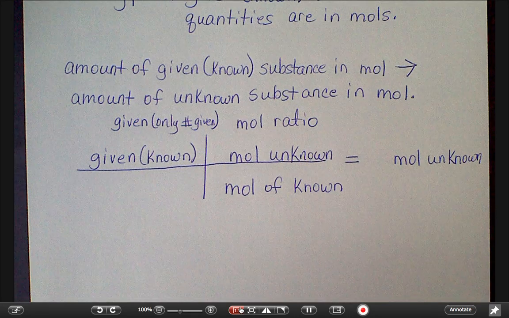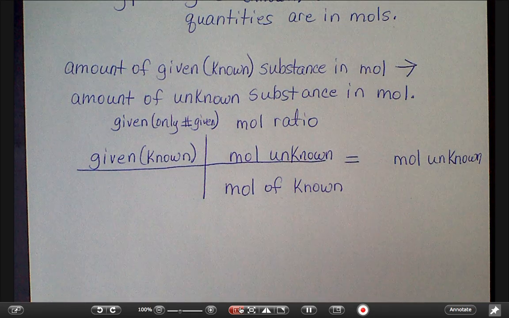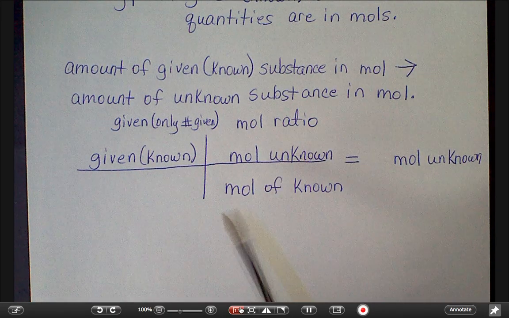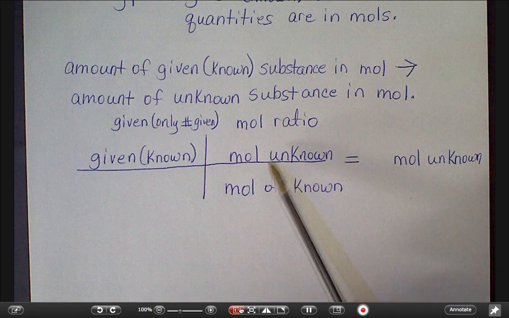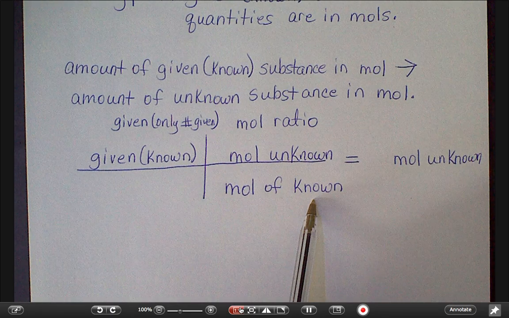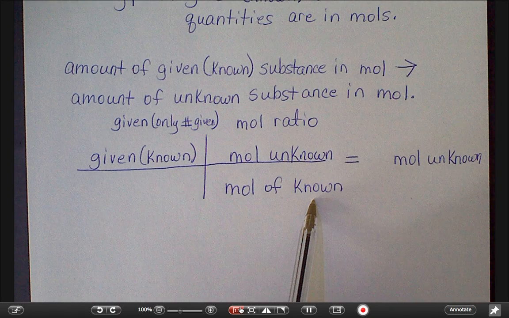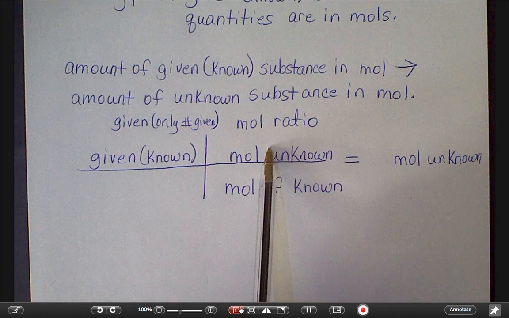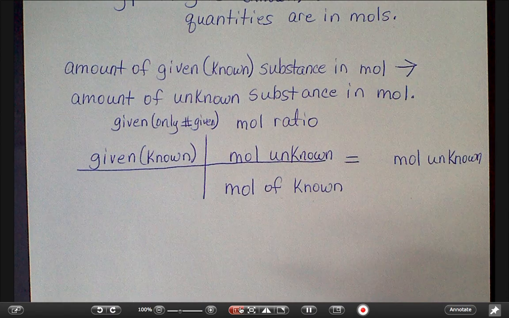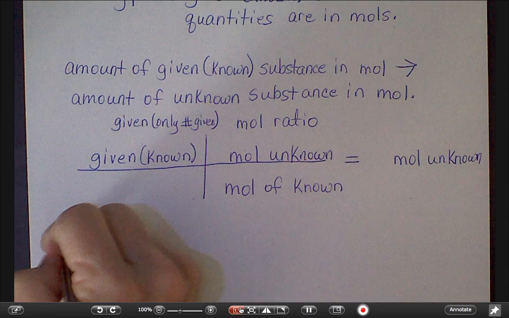Your only number given goes in your given, which you already know. So mole, and then this is your mole ratio. So in your mole ratio, now please listen, the mole of the known is always going to be on the what? Bottom. Who you're switching to will always be on the top. All right. Very important.